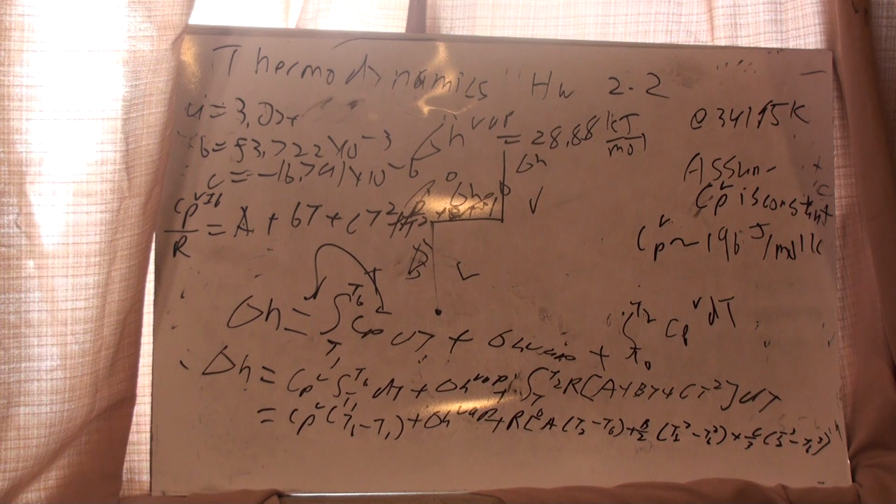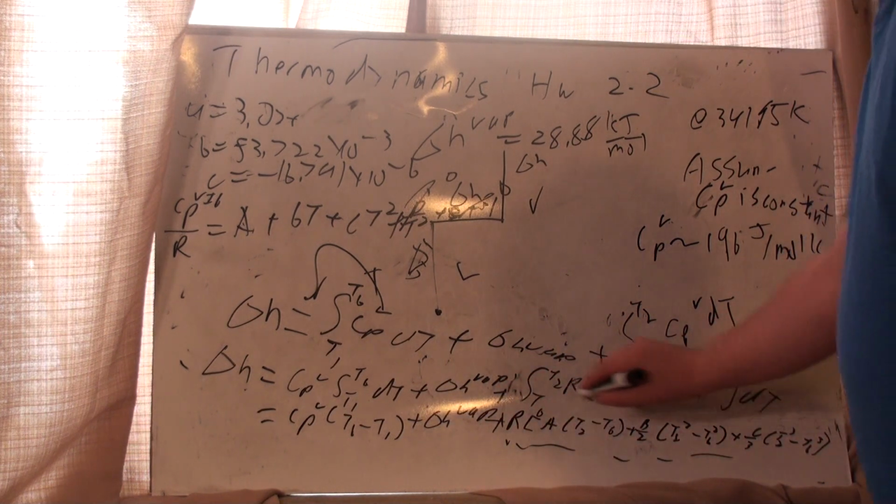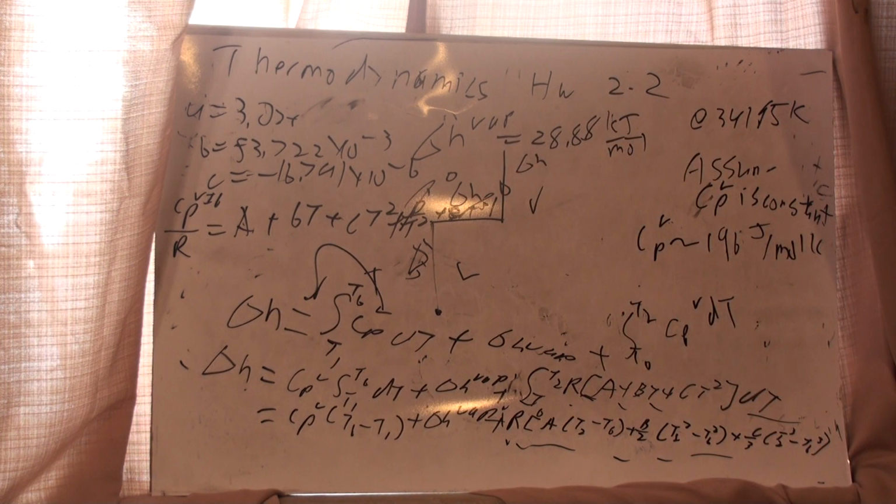Now the other part of the problem says to compare that to heating it from 400 to 500. Well, 400 to 500 is just the gas part, so you rederive it, or just say it's the gas part with different temperatures.